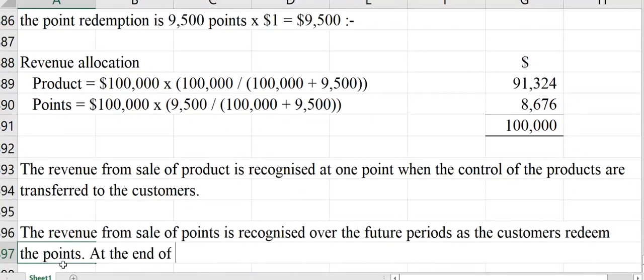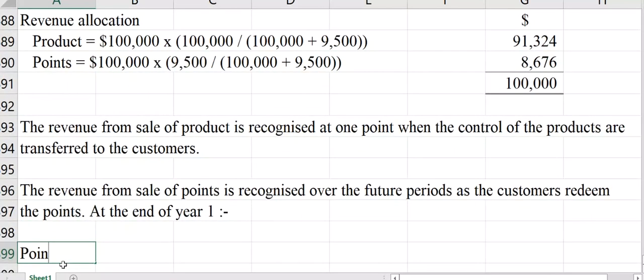The end of year one, point revenue equals 8,676. Yeah, this one in total, and we're going to break it down to 4,005 redeemed.